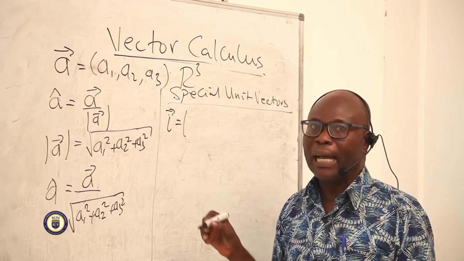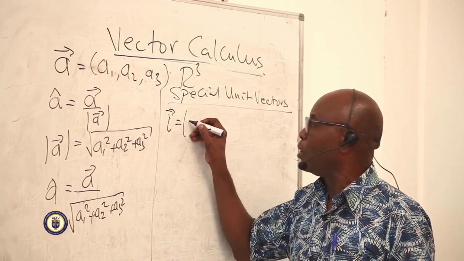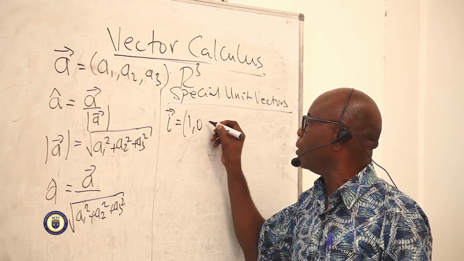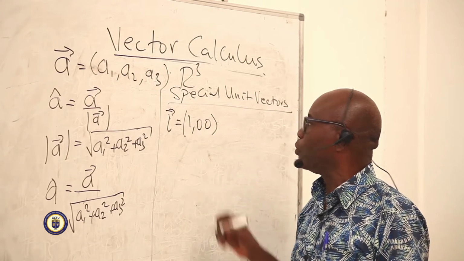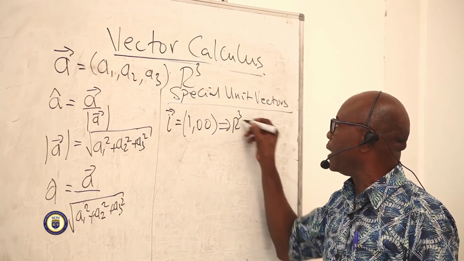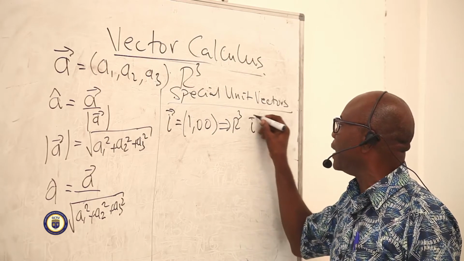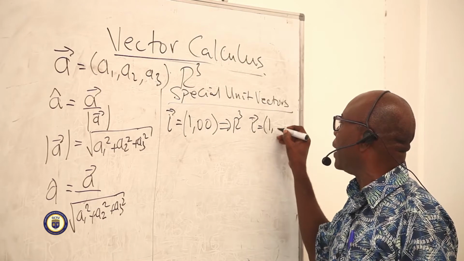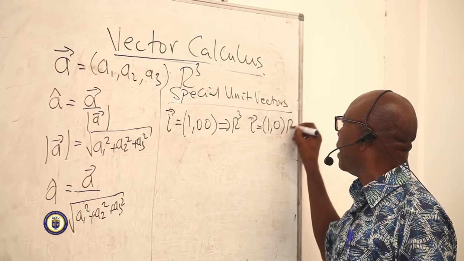In 3 dimensions it has coordinates 1, 0, 0, and for 2 dimensions it becomes 1 and 0.